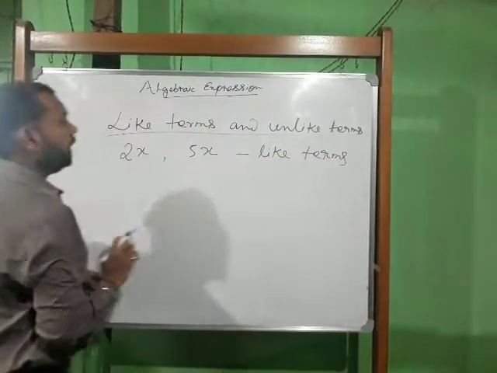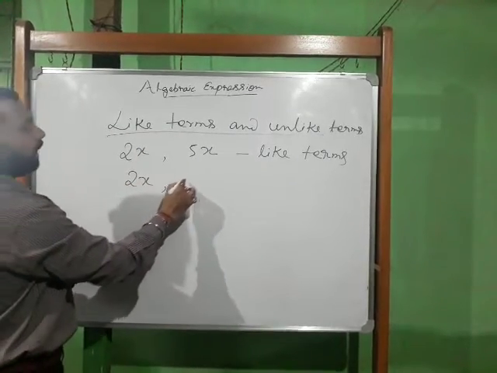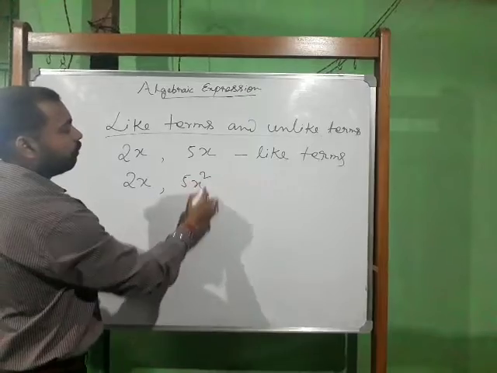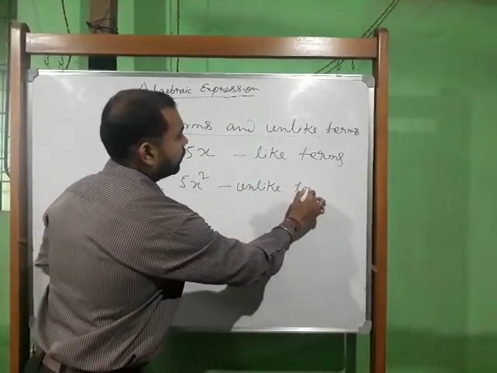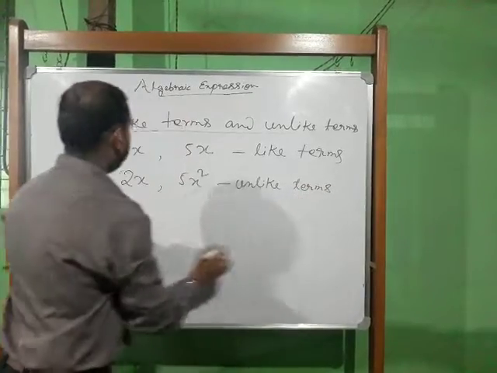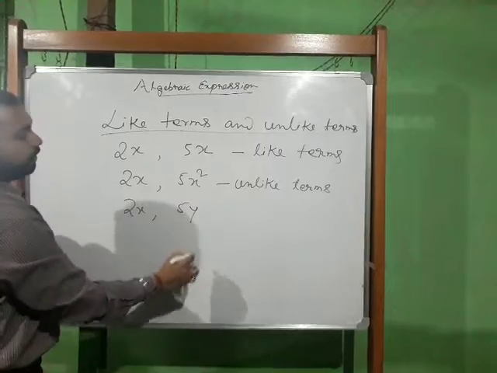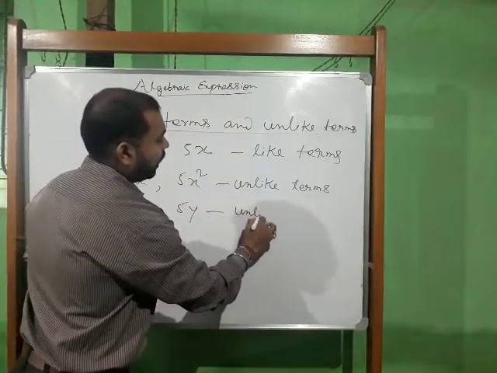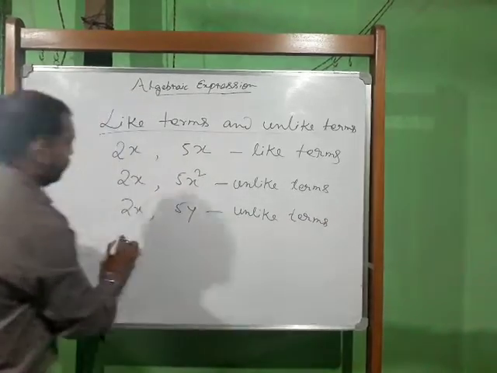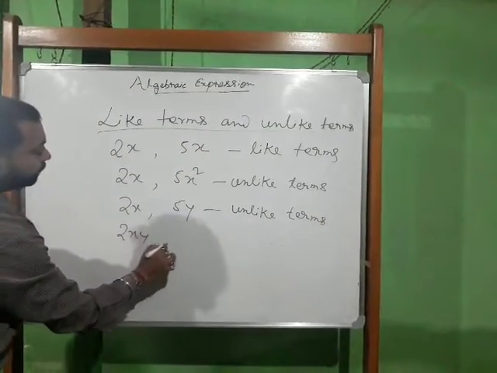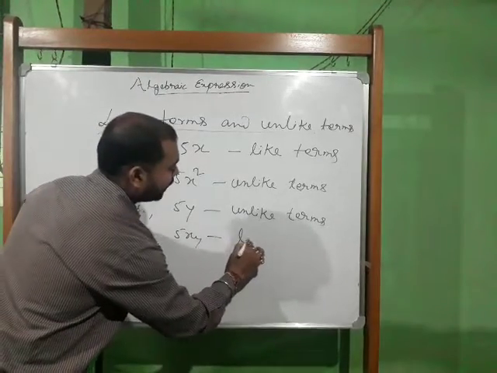I will explain. First you see, if I write 2x and another I write 5x square, these are unlike terms. Again, if I write 2x and 5y, again these will become unlike terms. 2xy, then 5xy, again these become like terms.